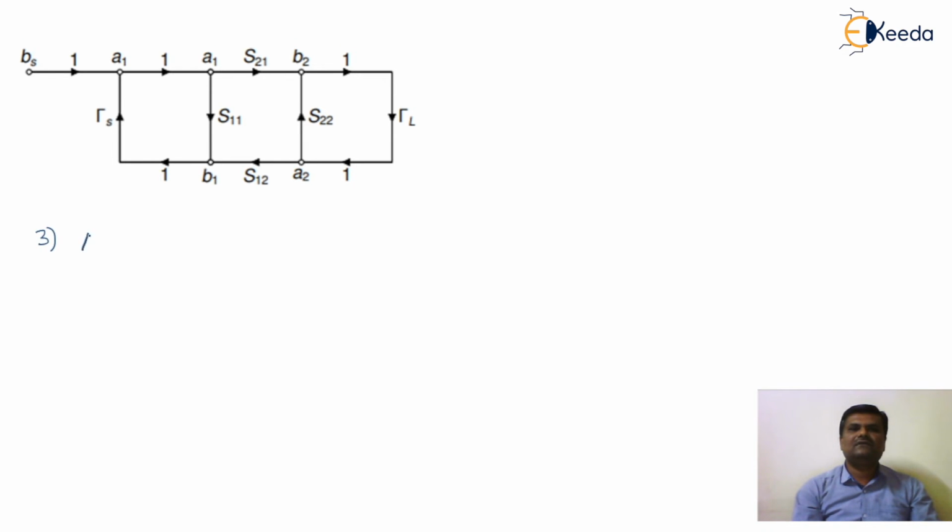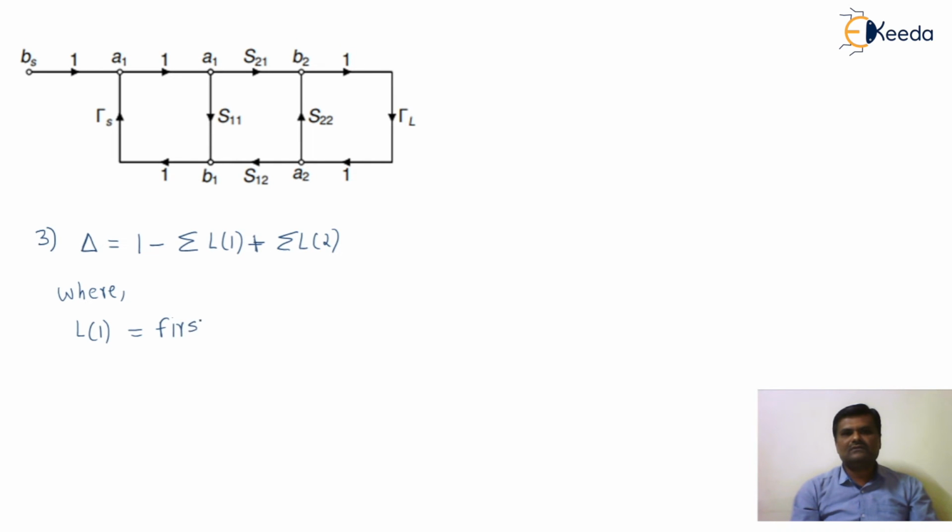Delta equal to 1 minus summation L1 plus summation L2, where L1 is the first order loop gain.